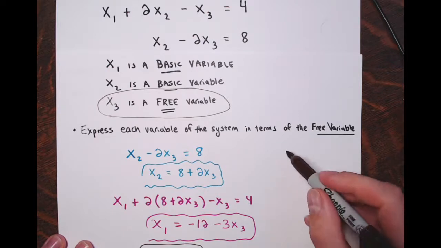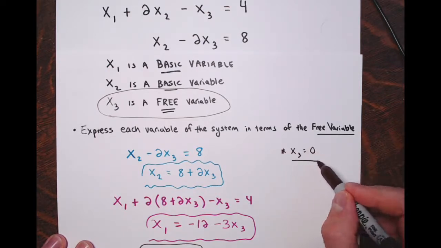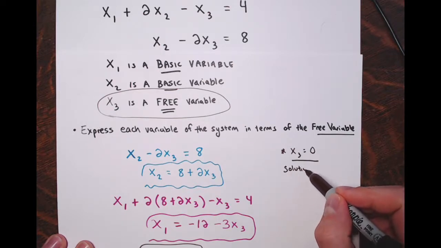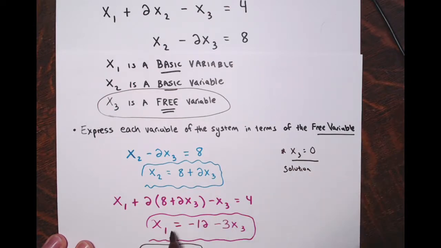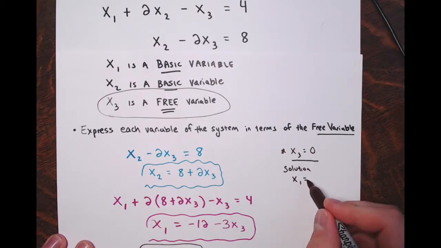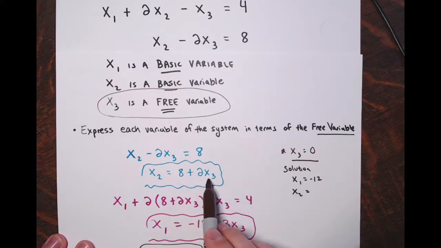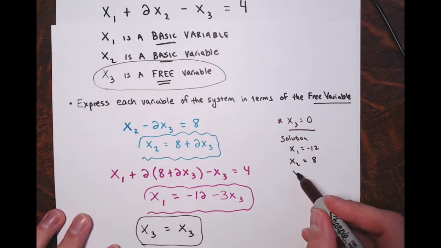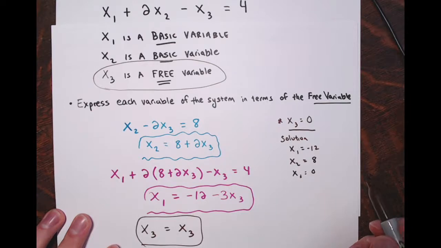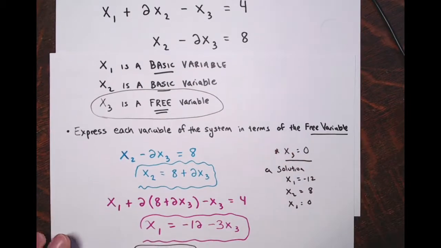Like if x3 were 0, then we get a solution to the system. x1 is negative 12 minus 3x3, so negative 12 minus 0, x1 equals negative 12. x2 is 8 plus 2 times the free variable, so 8 plus 2 times 0 is 8. And of course, again, x3 is 0. x3 is x3. And there's a solution to the system.